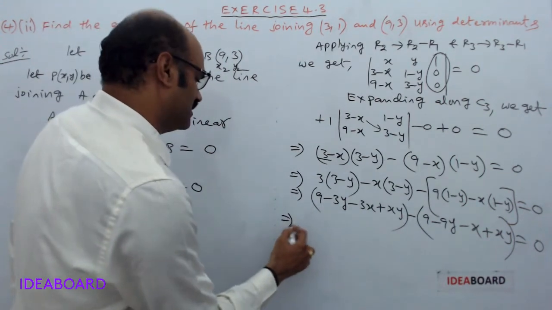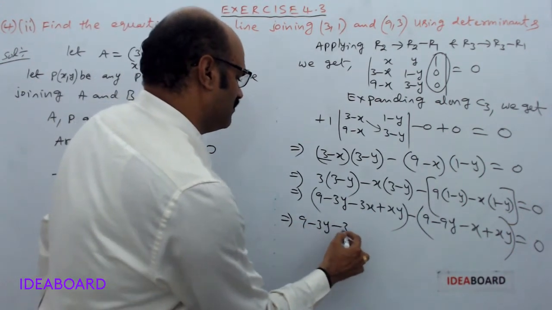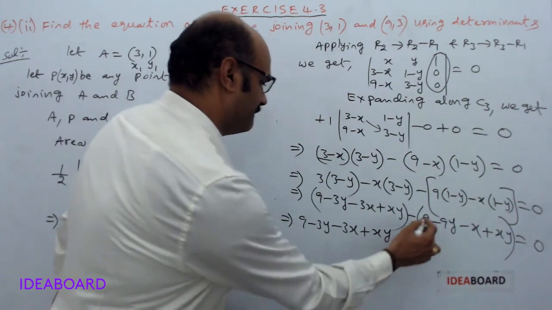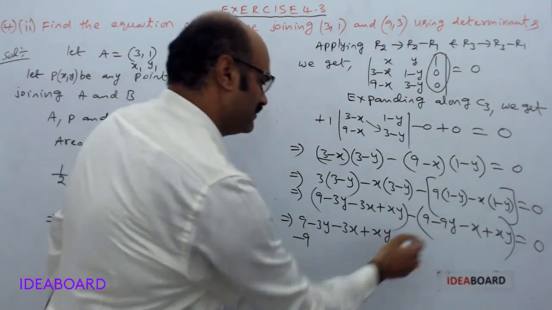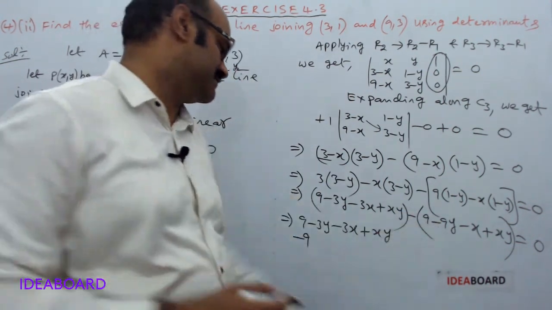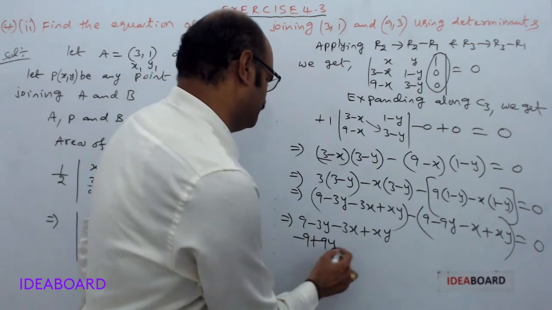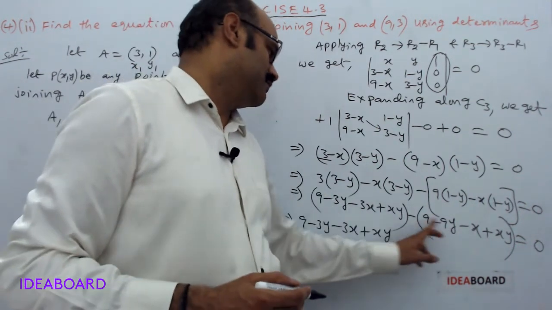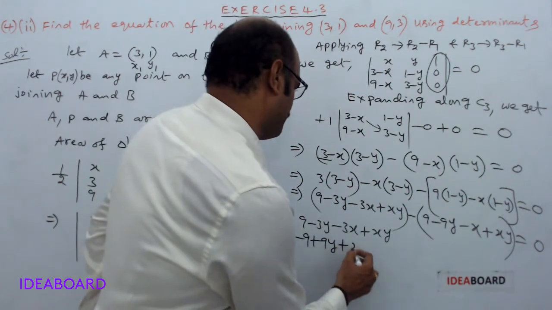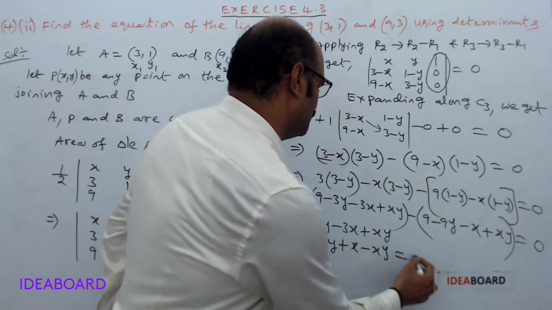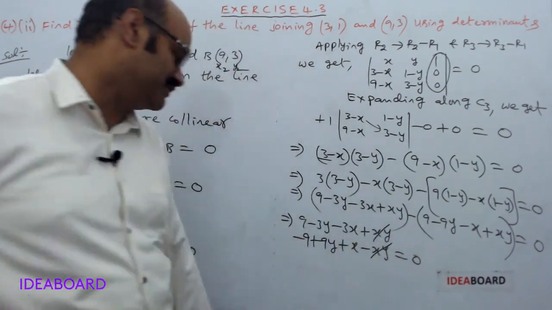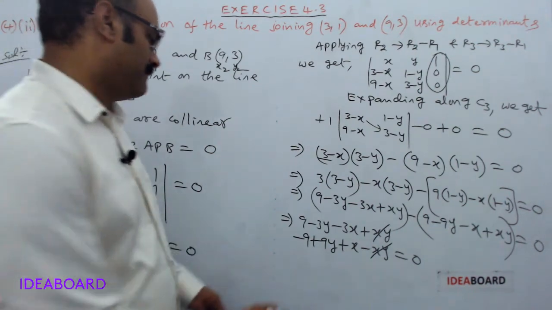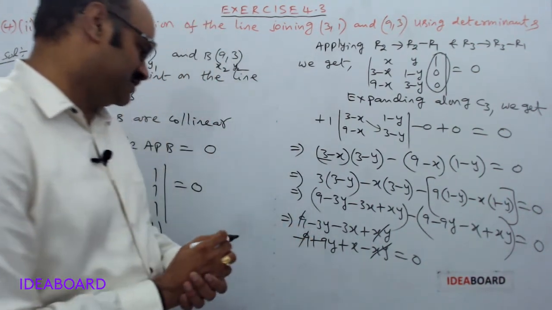Then it becomes 9 minus 3y minus 3x plus xy minus 9 plus 9y plus x minus xy equal to 0. Plus xy minus xy becomes 0. Plus 9 minus 9 becomes 0.